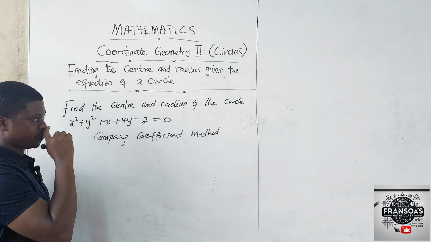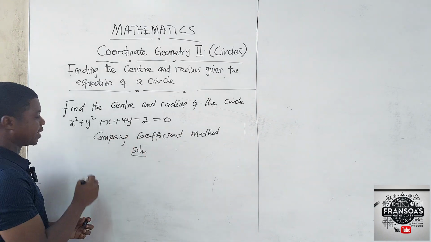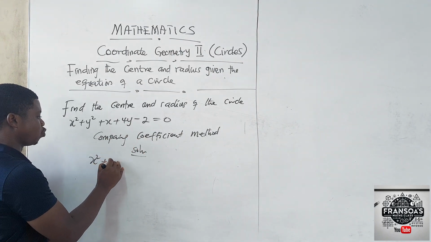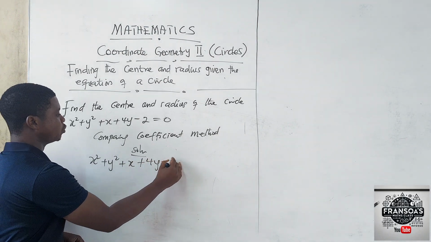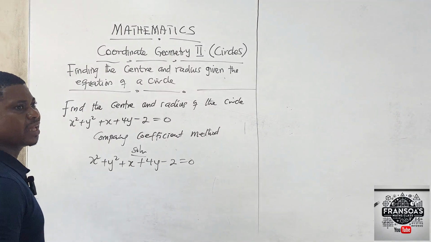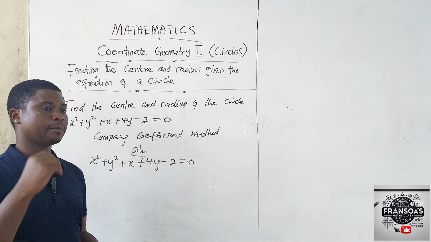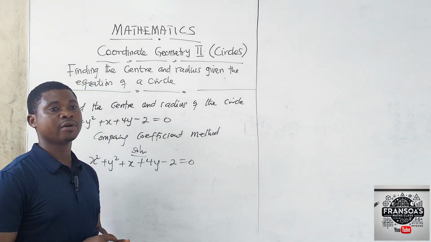So with this, first I need to write my question. It's x squared plus y squared plus x plus 4y minus 2 equal to 0. Then I have to write the general equation.